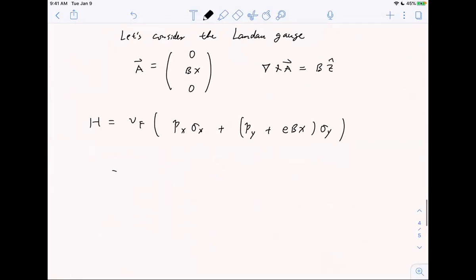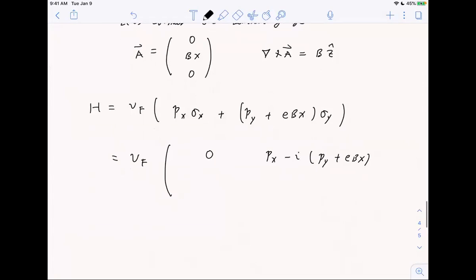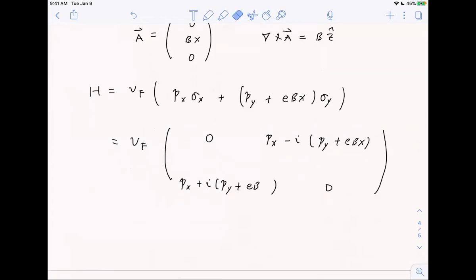Then you just write it out. So this will be px minus i py, and then px plus i py, plus eBx.